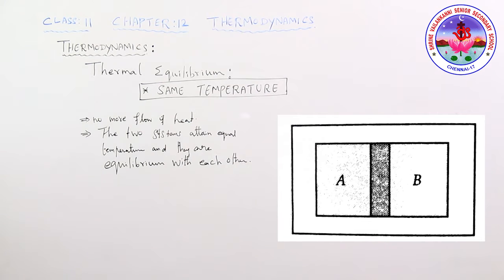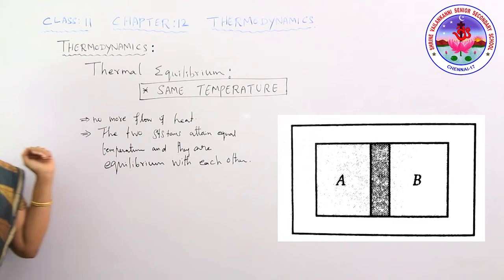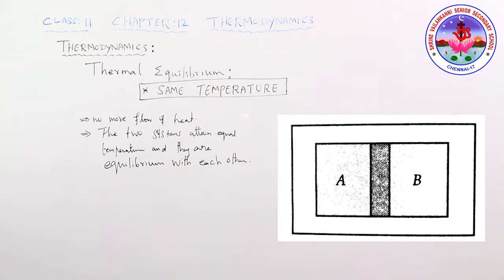Consider two gases A and B contained in two different vessels, separated by a diathermic wall. A diathermic wall is a conducting wall which allows heat to flow through it to the other side.